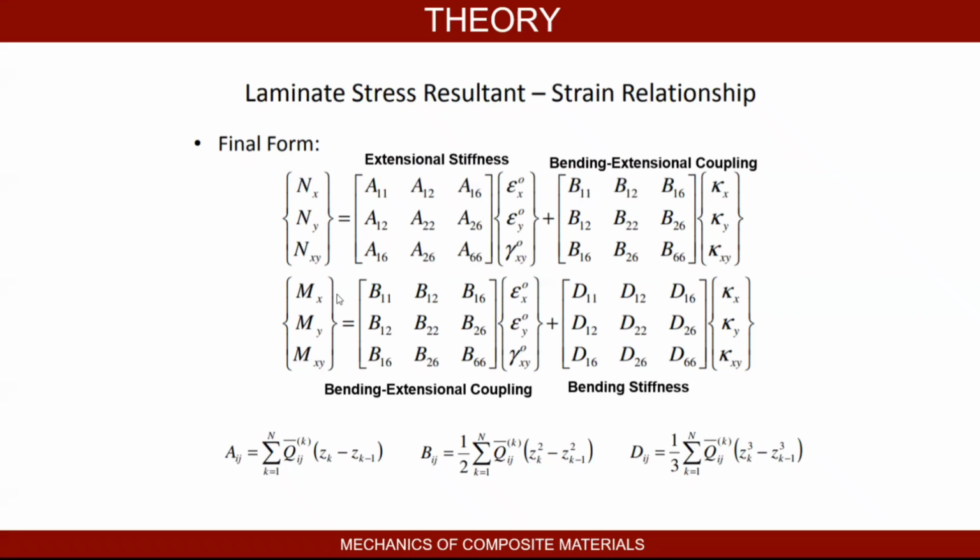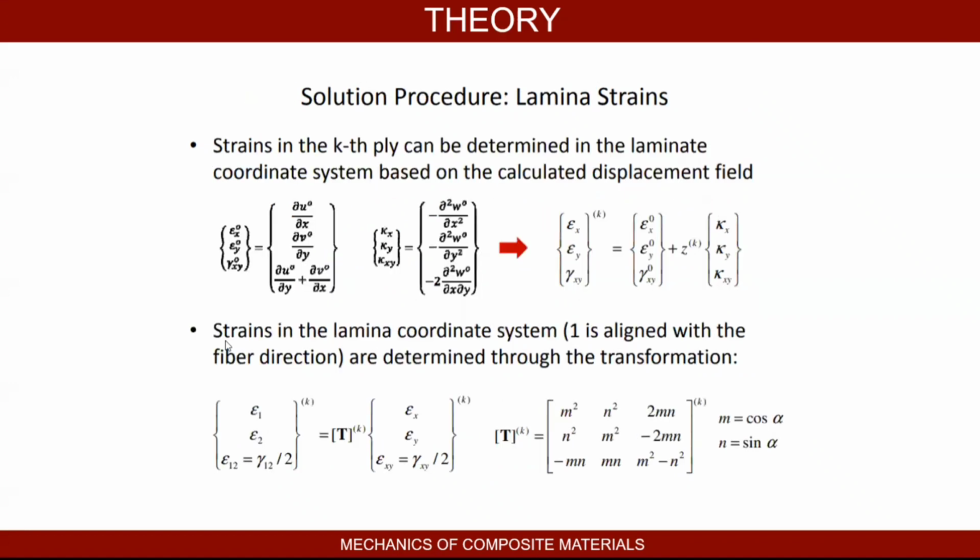So from this relationship in which we are given the stress resultant and moment resultant, you're able to find your midplane strains and curvatures. But again, we're given the assignment to look at the failure theory on a ply-by-ply basis.